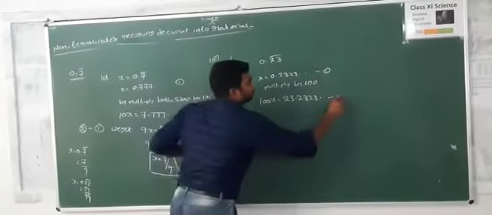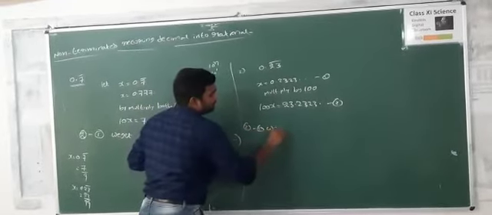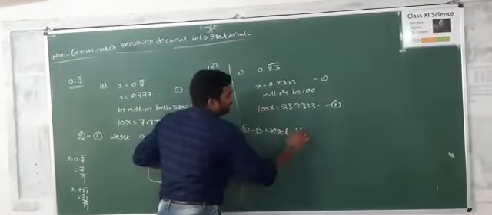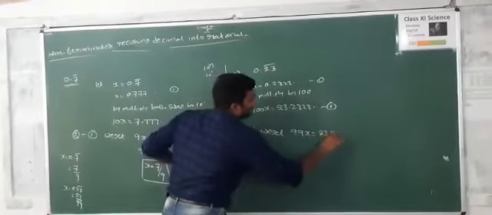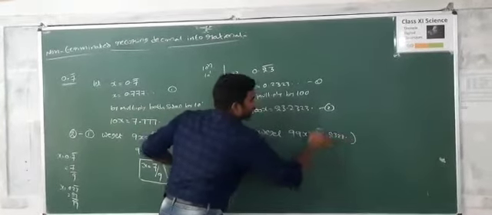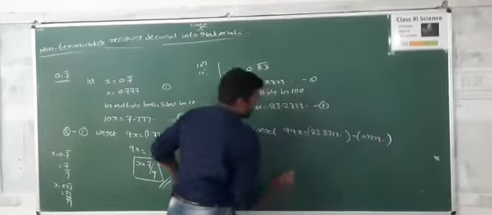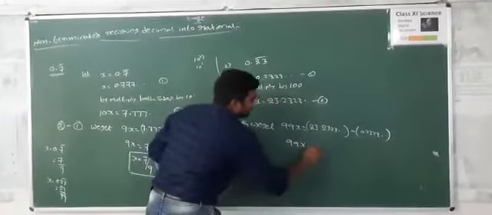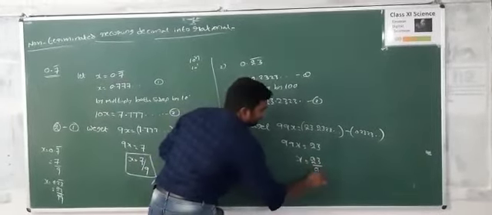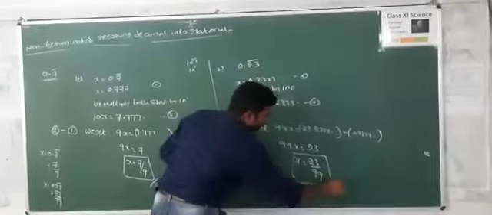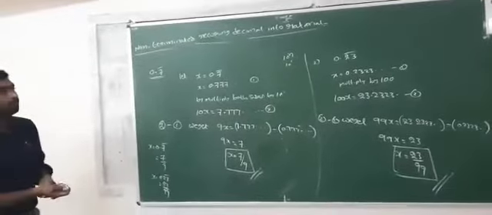This is equation 2. Subtracting equation 1 from equation 2, we get 99x equal to 23.2323 and so on minus 0.2323 and so on. So 99x is equal to 23, x equal to 23 by 99. This is the conversion of a non-terminating recurring decimal into rational form.